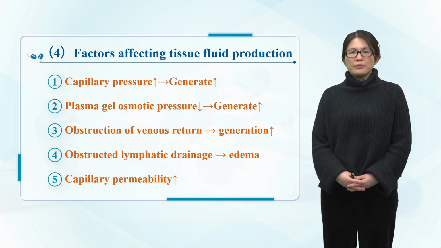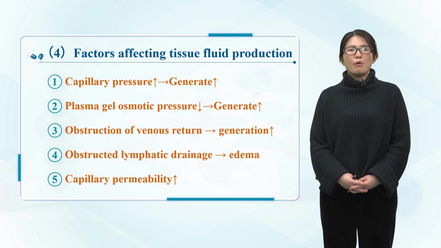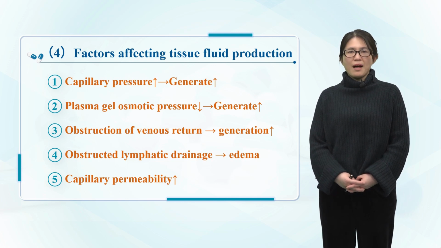The effective colloid osmotic pressure is the main force limiting the production of tissue fluid. The plasma colloidal osmotic pressure mainly depends on the concentration of plasma proteins, especially albumin.